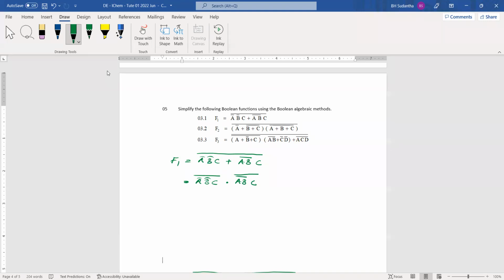Even though after minimizing by K-map method, if it could be simplified further using Boolean method, do we simplify further? Okay, thank you for asking this type of question. She is asking that after minimizing using K-map method, the possibility is still there to minimize further using Boolean algebraic methods.